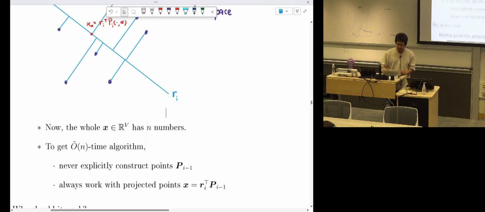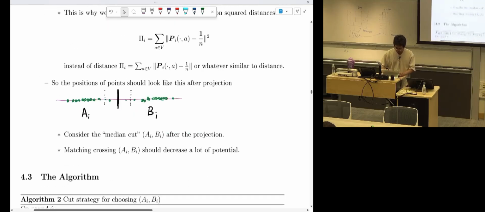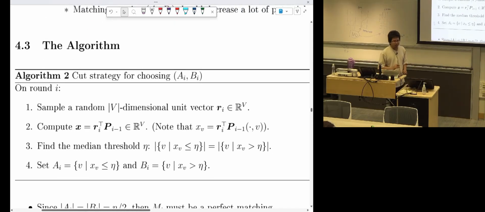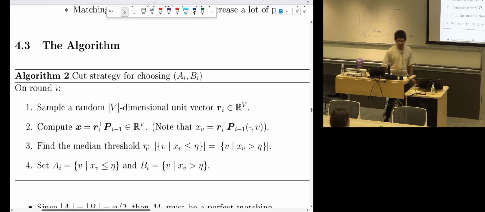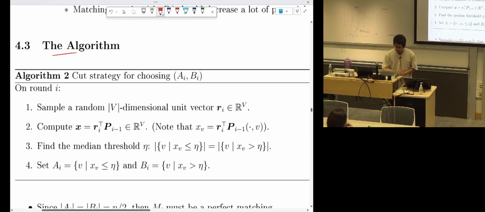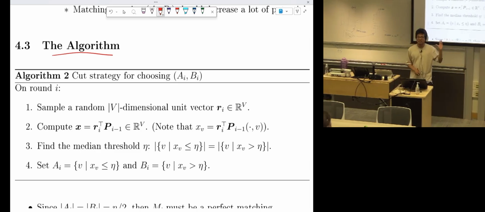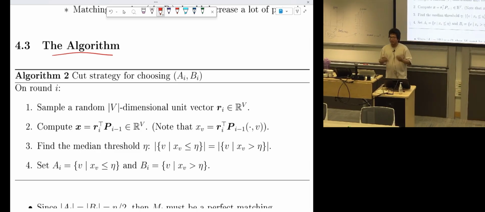Okay, let's be formal today. Here is the algorithm. Let me present the algorithm precisely now, and then let's see that this algorithm is actually fast, and then analyze the correctness. That's what we're going to do today.